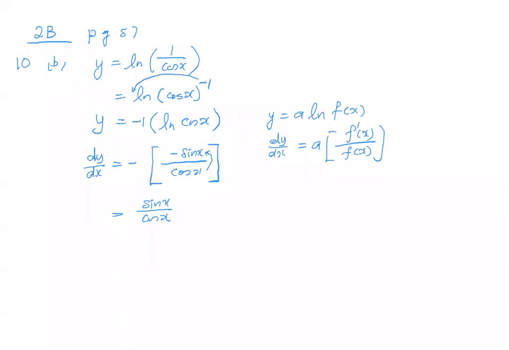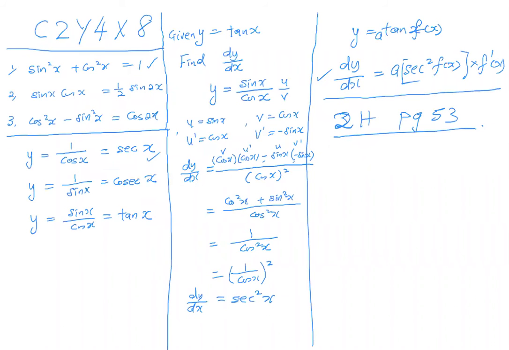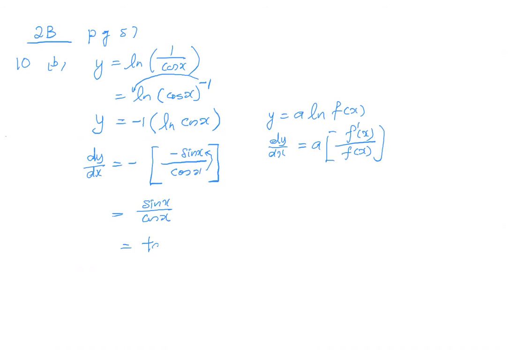So sin x over cos x, just now from here, sin x over cos x is tangent x. Okay, so that's how you work. So it's better for you to write down all the formulas. If you can remember, that will be the best. If you think you can't, you better write down. Okay? So that is talking about differentiation.